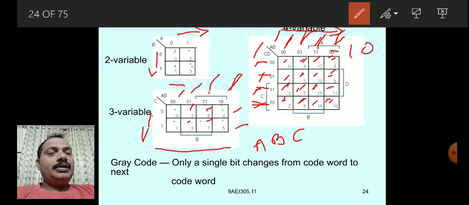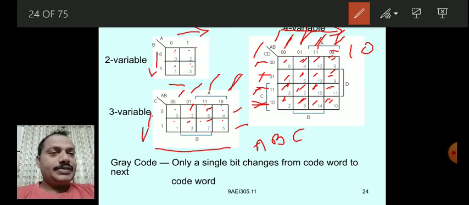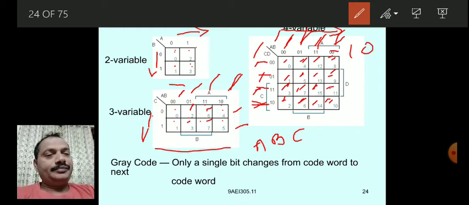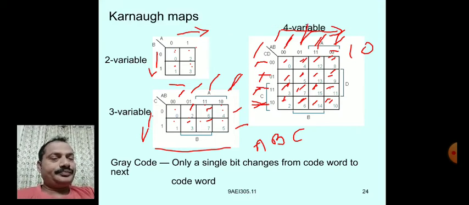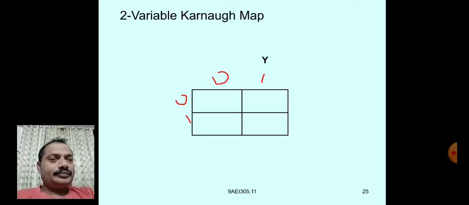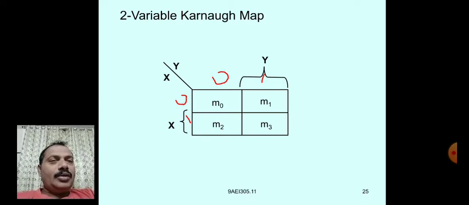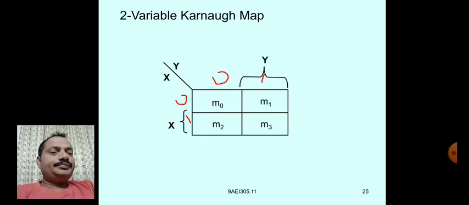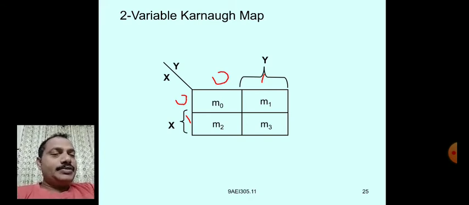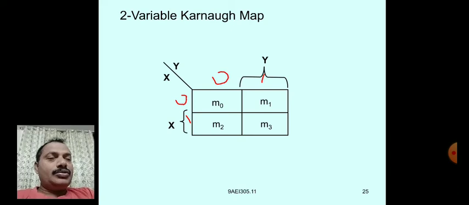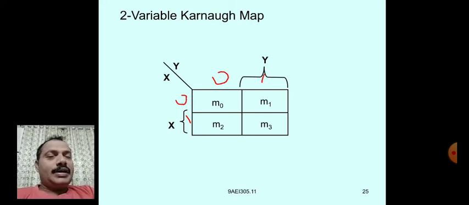You should be very careful and practice these diagrams. Now in the two variable K-map we have M0, M1, M2, M3 minterms. These are the cell minterms, and you have 0, 1 on the column side and 0, 1 on the row side.